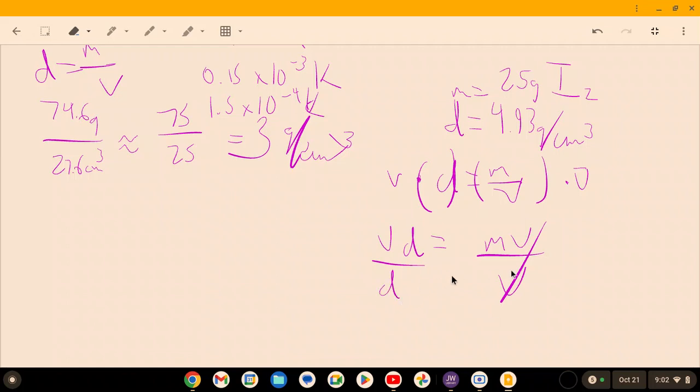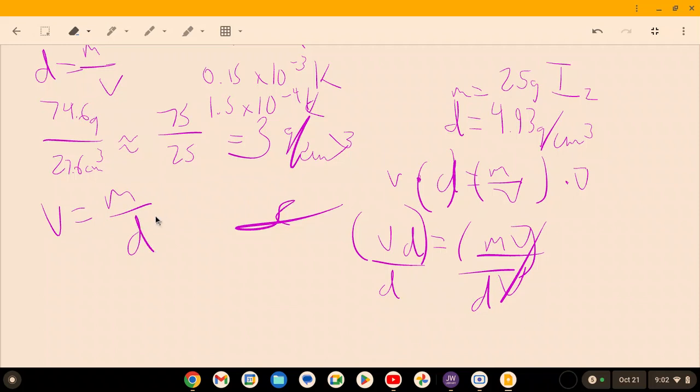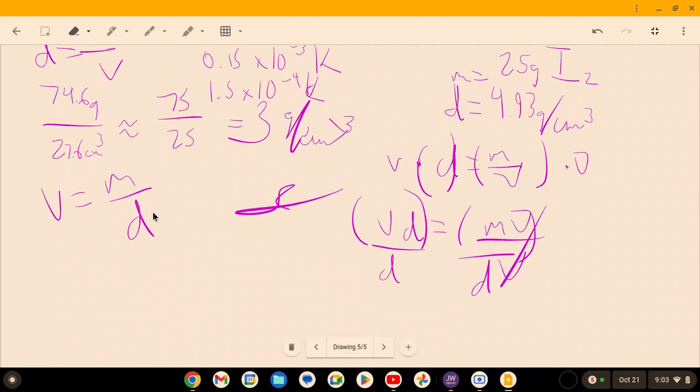And then divide by D, divide by D. And then you get V equals M over D. Okay? 25 divided by 5 is 5. Cool.